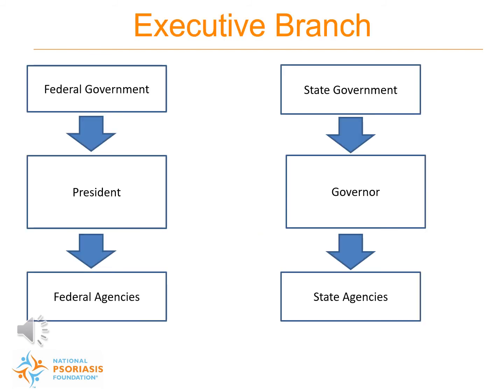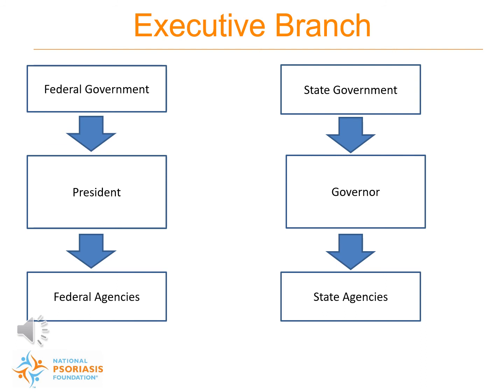Both the president and governor use agencies to implement and enforce the laws that are passed. Sometimes, legislation will require that a rule be established to ensure the law will be followed. A rule typically gives more detail about how the law will be implemented and enforced. This process can be a quick process, or it can take several years.